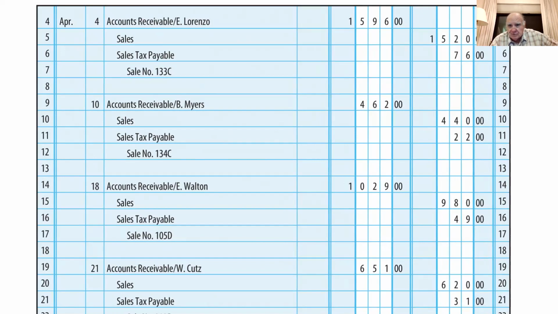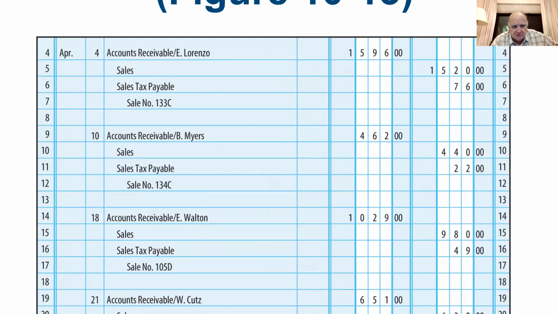So we sold something for $1,520. We charged the customer $76 in sales taxes. Therefore, this customer owes us $1,596. Not too tough.